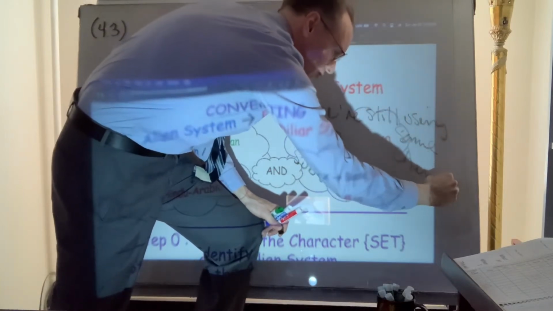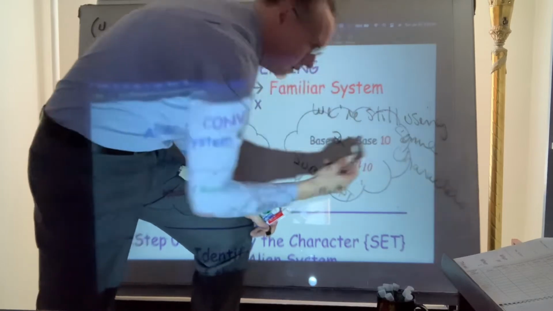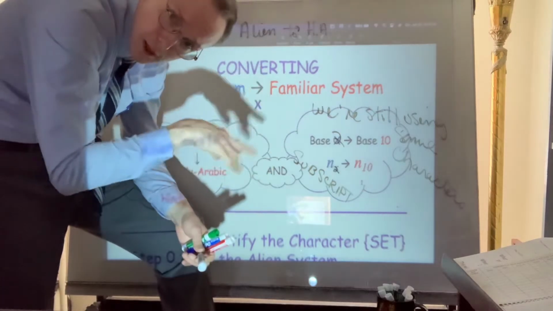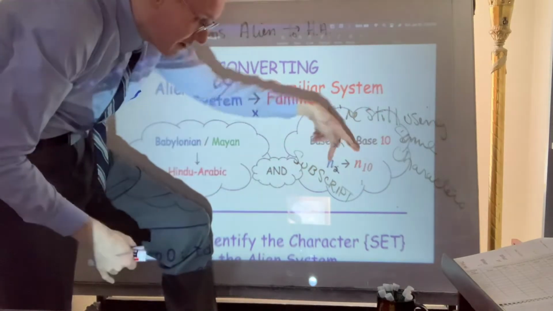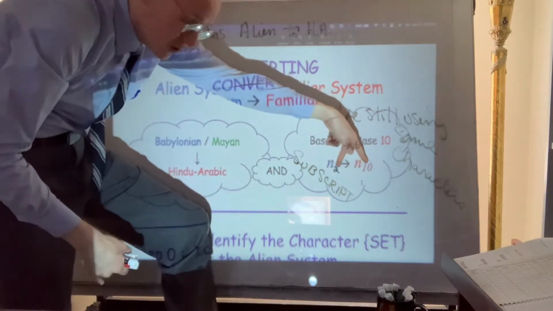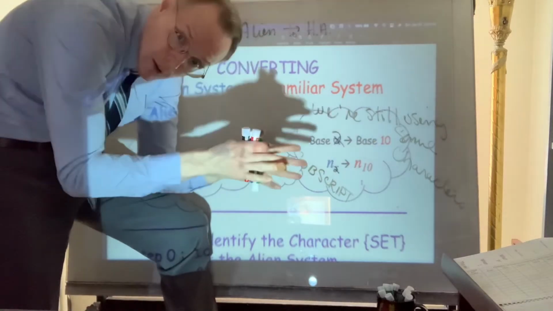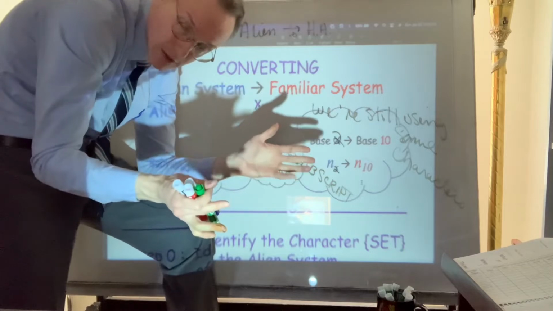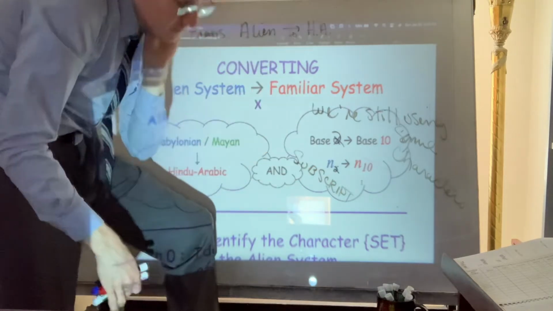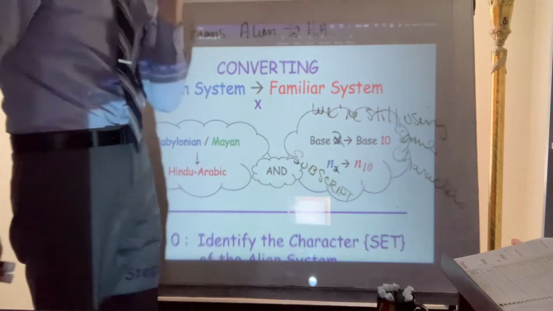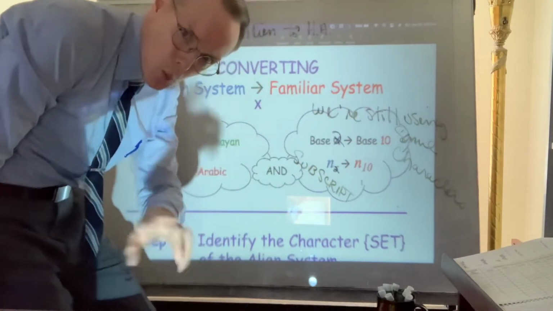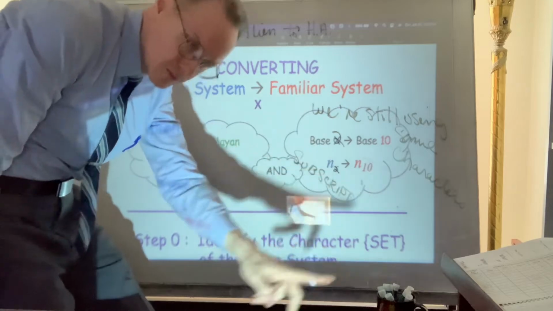It was a little bit easier in certain respects when we were dealing with Babylonian and Mayan to not bother with the subscripts, because the character sets were so drastically different. They didn't look anything alike, really, other than maybe the number 1. So just be mindful of that. They will put subscripts to distinguish one system number from another system number.